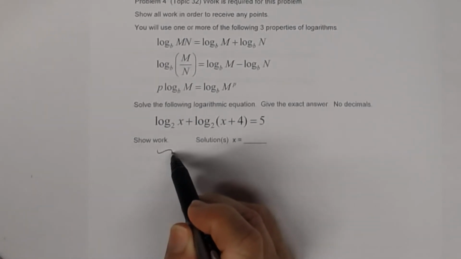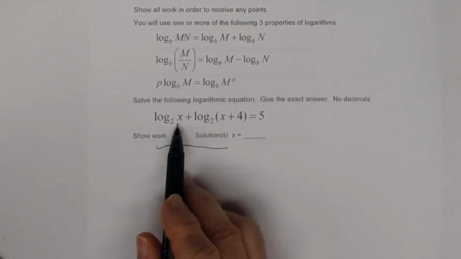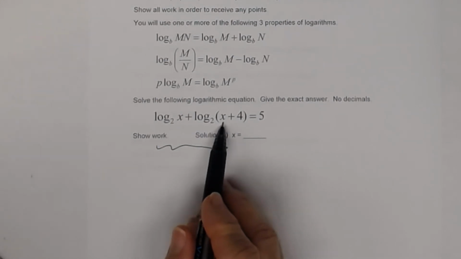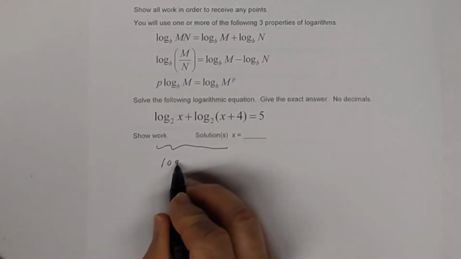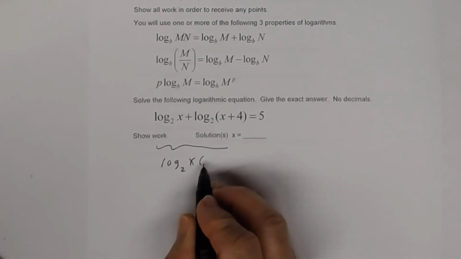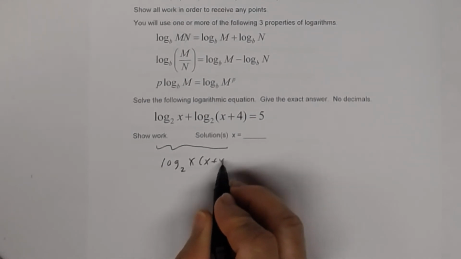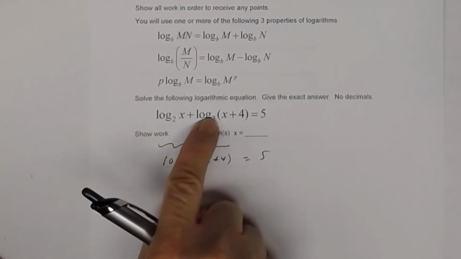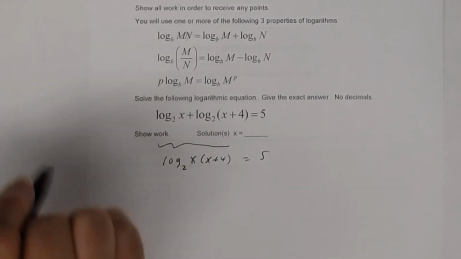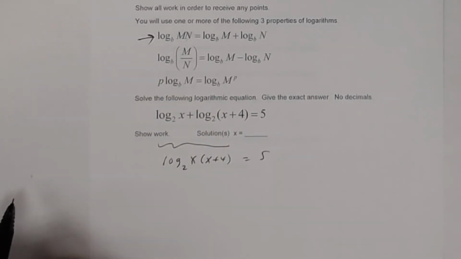So the log base 2 of x plus the log base 2 of x plus 4, I can write as a product. So that becomes the log base 2 of x times x plus 4, and that equals 5. So I wrote the sum of these 2 logs as one logarithm.